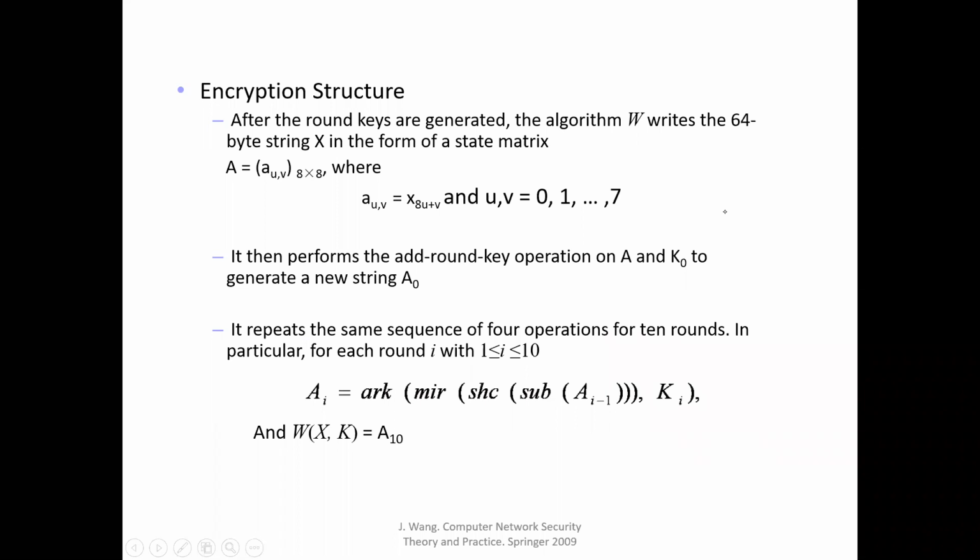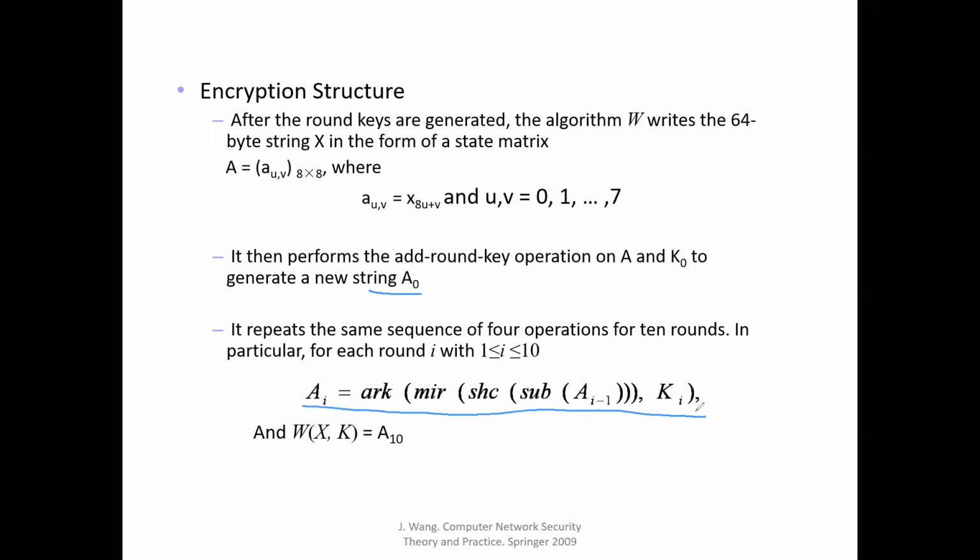Now the encryption structure is as follows. We write an input block as an 8x8 state matrix of bytes, and that will be your A0. So the input is A0, and then you do this operation: substitute bytes of A_i, starting from 0.